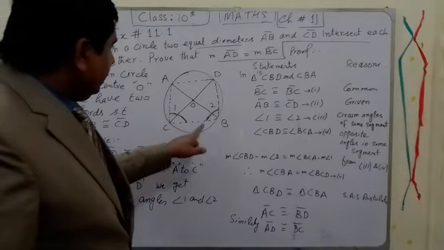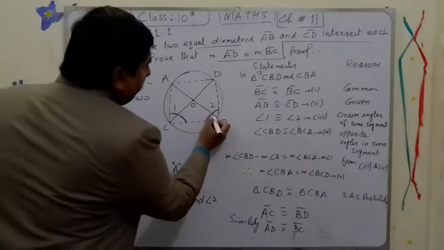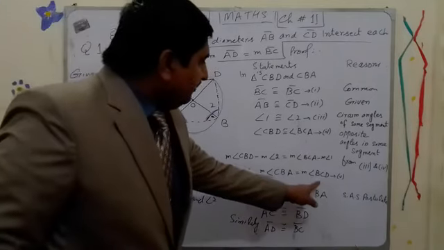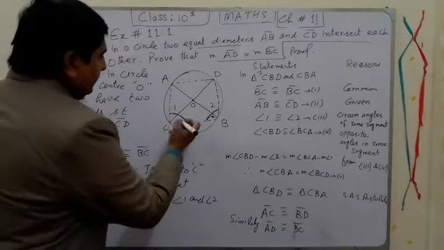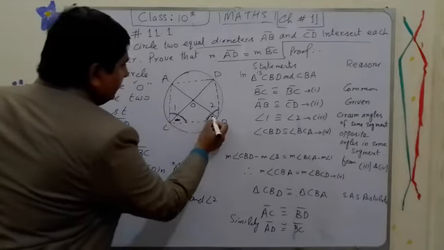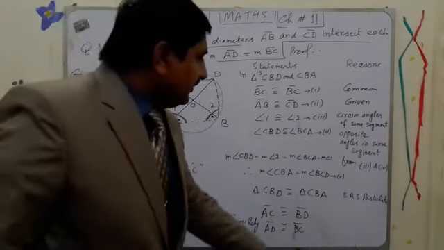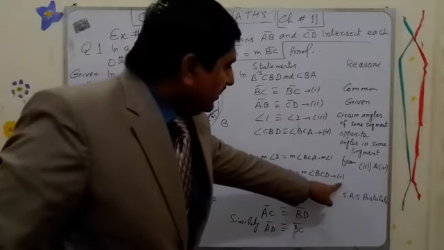Measure of angle CBA is left, and measure of angle BCD is left, right? This portion and this portion. These two angles will be left whenever we subtract 1 and 2 from it, and I noted it as equation 5.